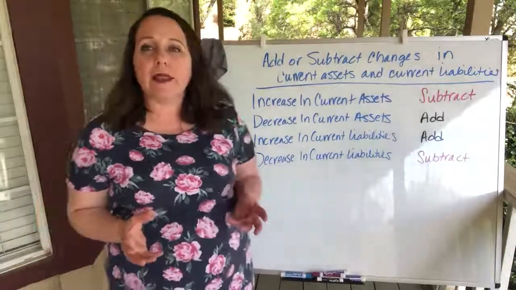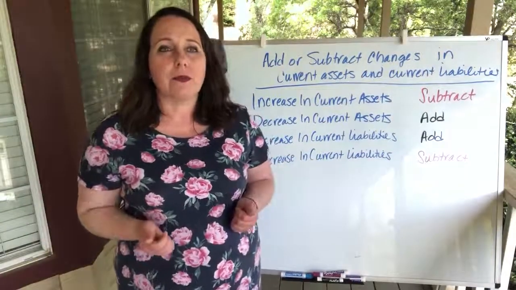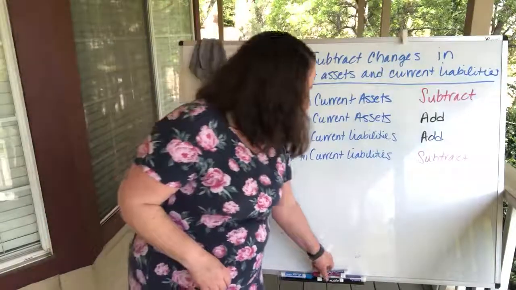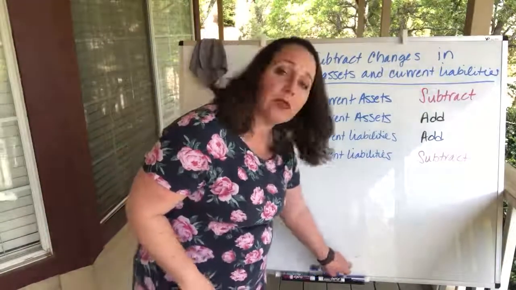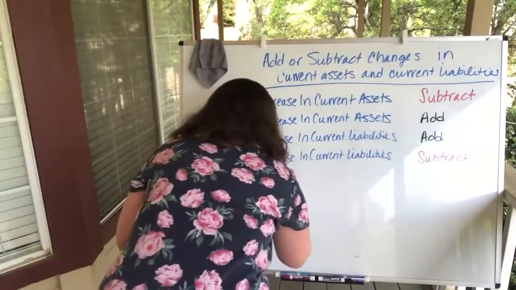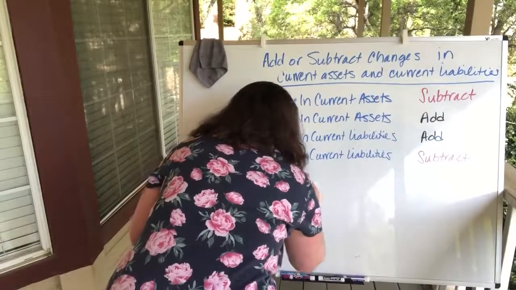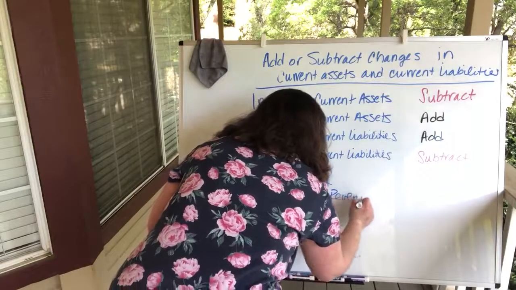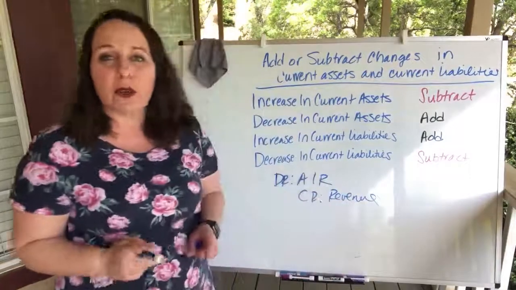The reason behind that is because let's look at accounts receivable. So when we book accounts receivable, it's usually because we've sold something, right? So we're going to debit AR and credit revenue.